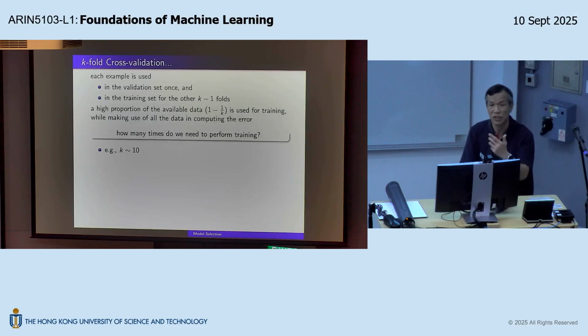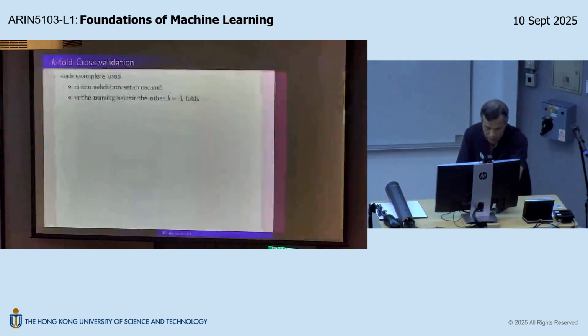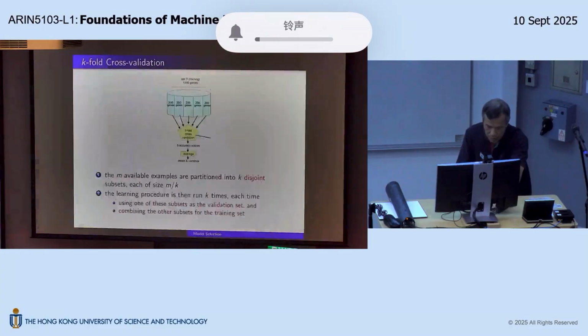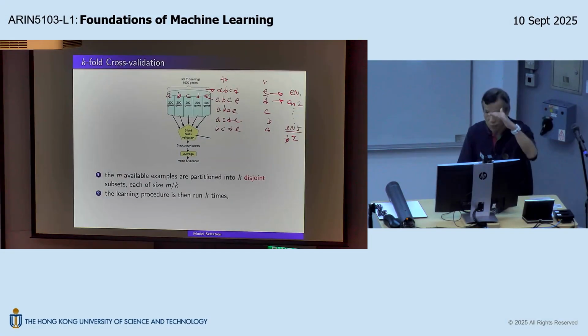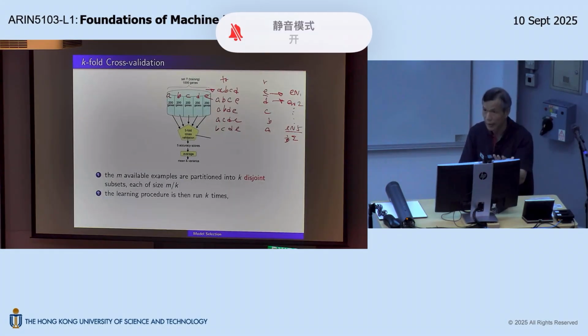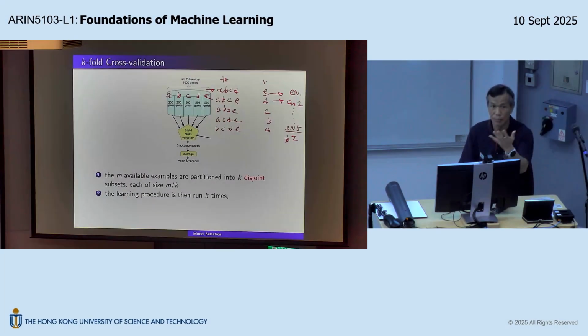In general, when you do k-fold cross-validation, you have to repeat the process k times. Just like here, if you do 5-fold, you have to do 5 trainings. Depending on the model and the training time, if your model is quite complicated, say a deep network, training can be pretty slow.